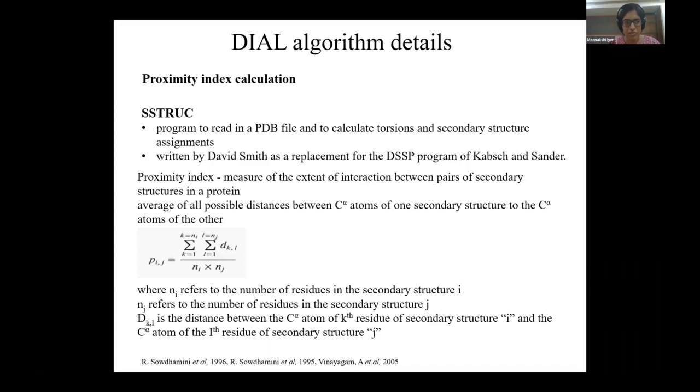And we also define something called a proximity index, which is the extent to which different pairs of secondary structures interact with each other in a protein.